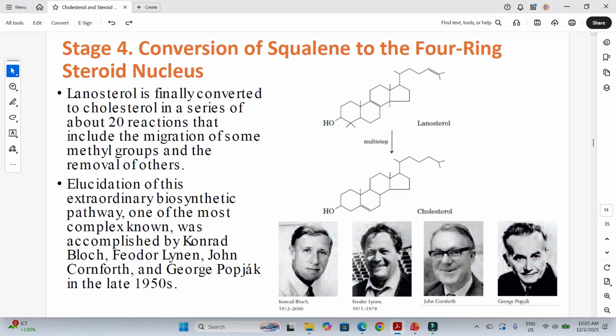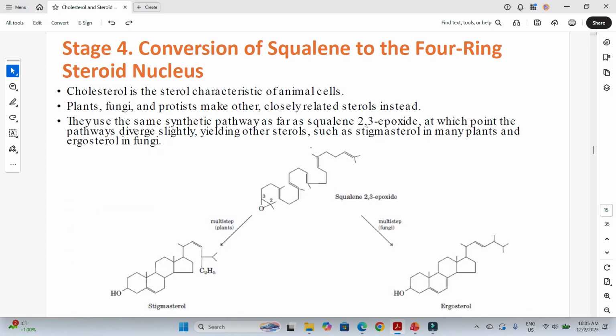So here are the individuals who largely contributed to the elucidation of this remarkable and amazing pathway, cholesterol biosynthesis. You have Konrad Bloch, Feodor Lynen, John Cornforth, and George Popják. So cholesterol is the sterol characteristic of animal cells, as I've already mentioned.